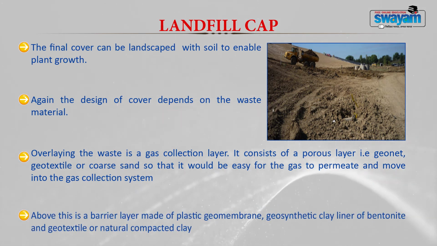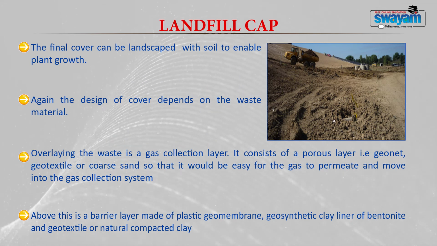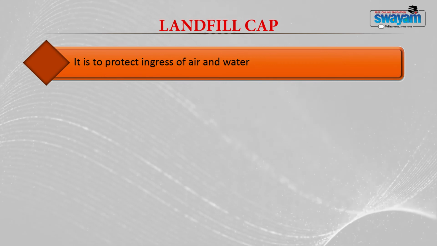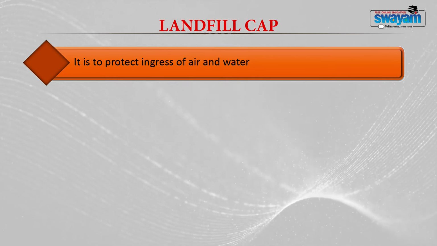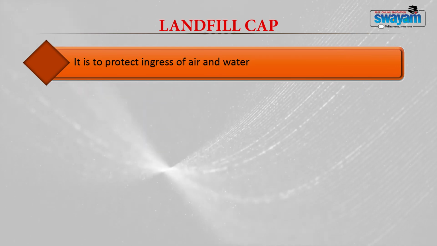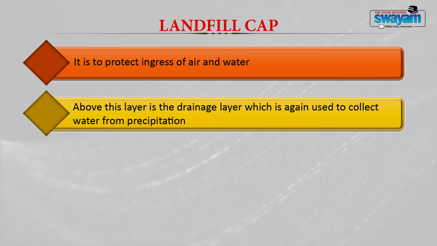Now, above this is a barrier layer which is made up of plastic geomembrane, geosynthetic clay liner of bentonite and geotextile, or natural compacted clay. This layer will again prevent the ingress of air and water into the waste. Above this layer is a drainage layer which is used to collect water during precipitation or rainfall.